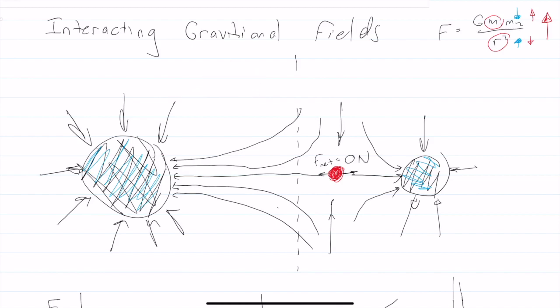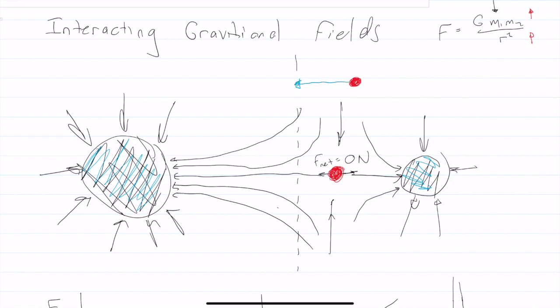Now let's look at the last scenario, which hopefully you understand will be to the right. If we look at the larger planet, we have a big M1, so a higher numerator, and our r is also increasing, so our denominator is also increasing. So we have a relative force.